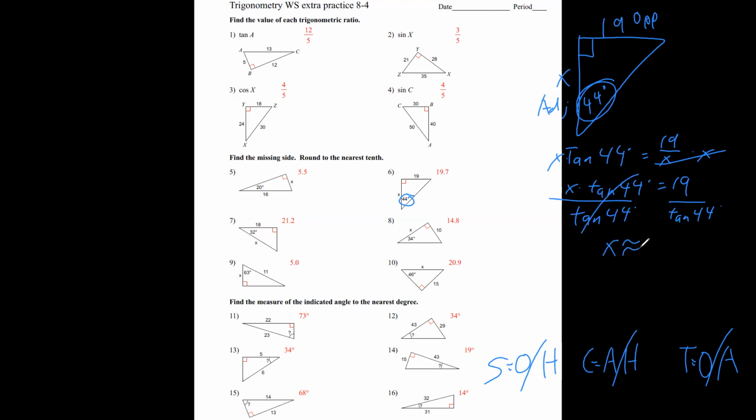So 19 divided by tangent of 44. Now you're plugging this into the calculator. You have to be careful when you plug it in. Every calculator is slightly different. Some of them you have to hit the tangent button first and then type the number. Others you want to type the 44 first and then hit tangent.